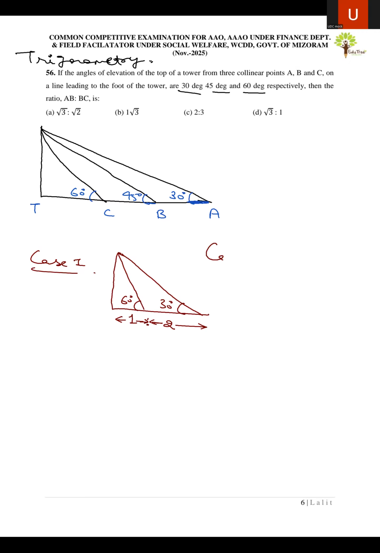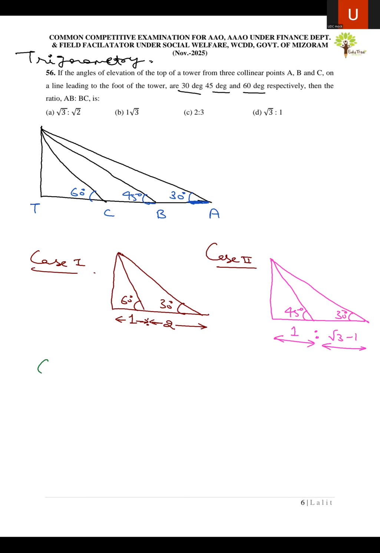Then there is case 2 in this. Let us say if it is not 60 and 30, if it is something like this. Let us say this one is 45 and this one is 30. So this is always 1 and this other one is root 3 minus 1 ratio. All right. When you have 45 and 30 degree angles, that is case 2.